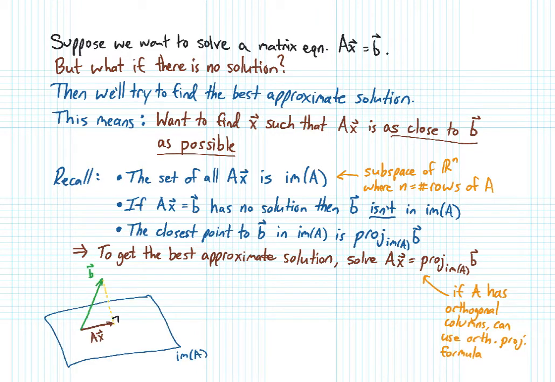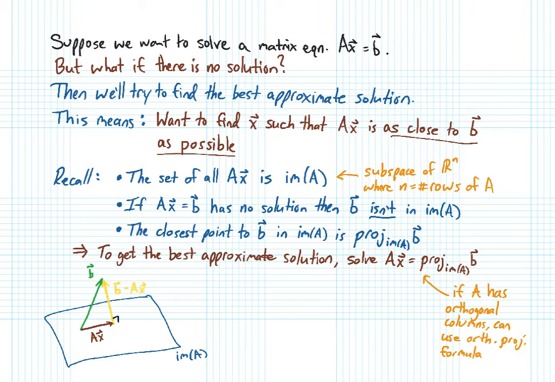So I think it might be helpful to draw a picture of this situation. I've got the image of A, which is a subspace, and so I'm drawing it as if it's a plane. And then I've got B, which is a vector that's not on that plane, and its orthogonal projection, which is the vector on the plane which is closest to B. But then I'm labeling that orthogonal projection as AX because that's the equation that we're trying to solve.